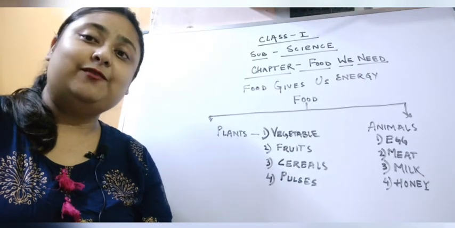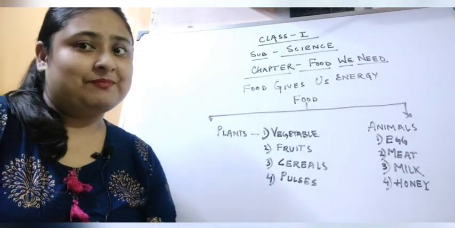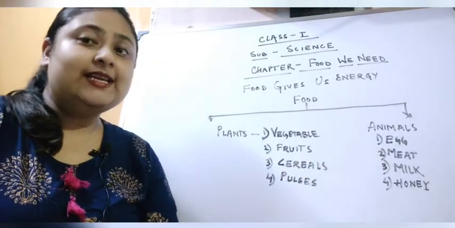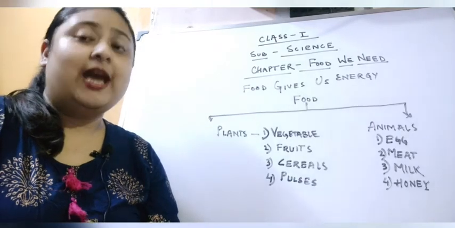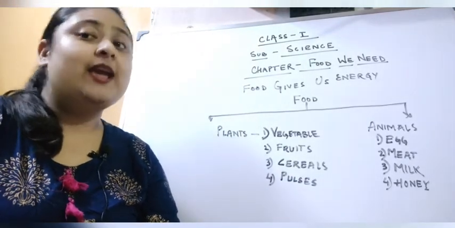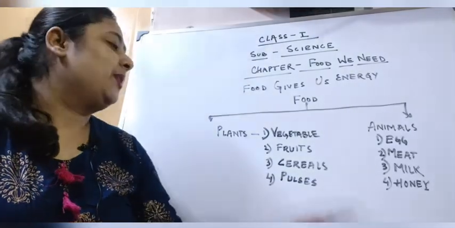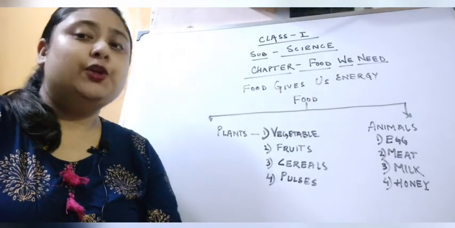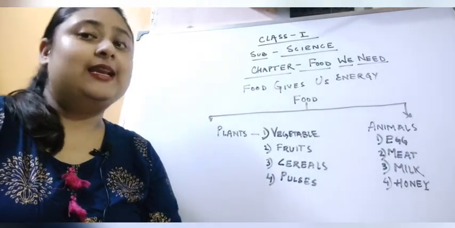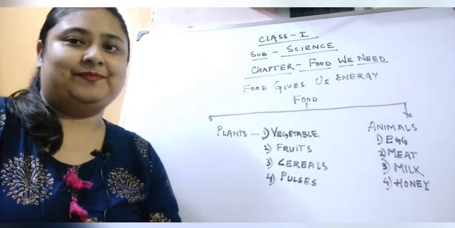The different kinds of fruits like apple, mango, banana, everything we get from plants. Next is cereals. Cereals give us carbohydrates, and maximum of the cereals like rice, wheat, maize, everything we get from plants. Next is pulses. Usually pulses are called dals. These pulses like green gram, kidney beans, we get from plants.